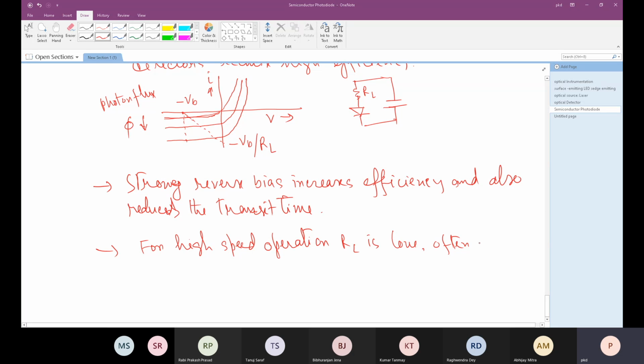Often RL is put as 50 ohms, because of termination condition as well.